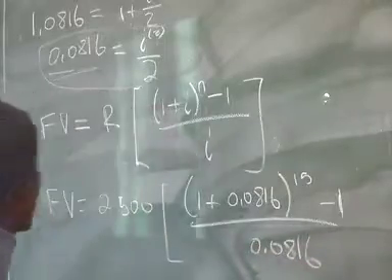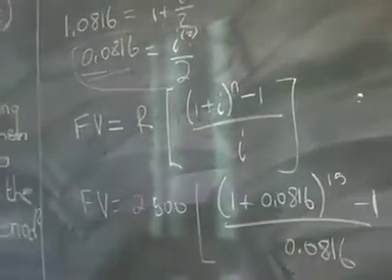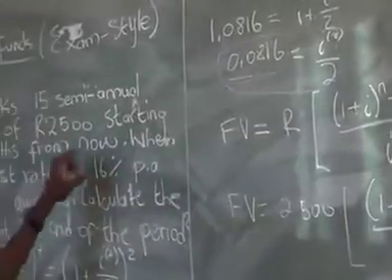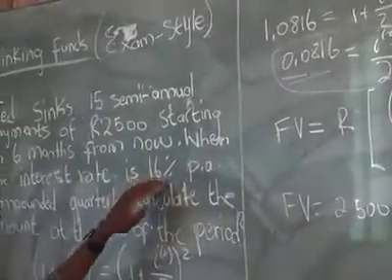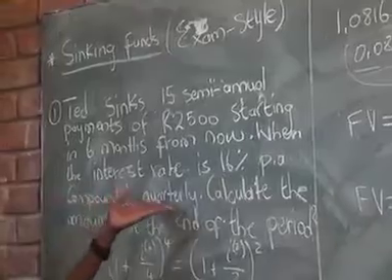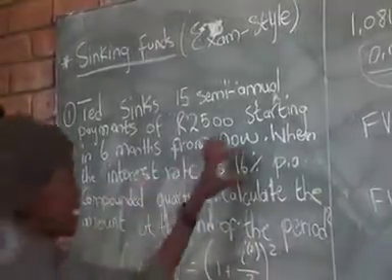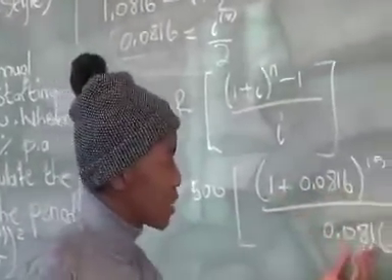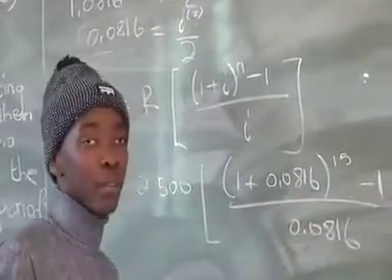So I'm going to reiterate this once more. If they had already given it as 16% compounded semi-annually, then I would take 16% divided by 2, as I've shown in the previous videos.